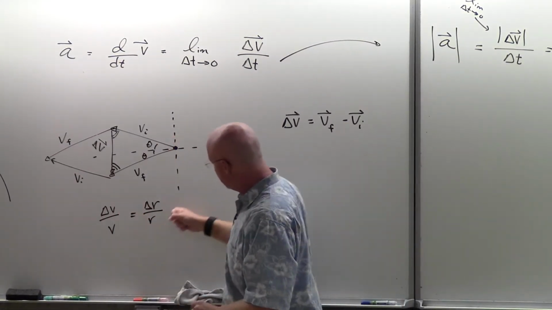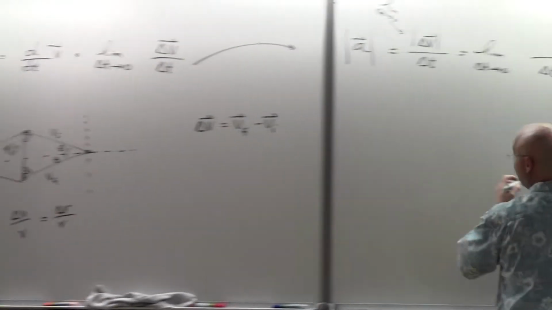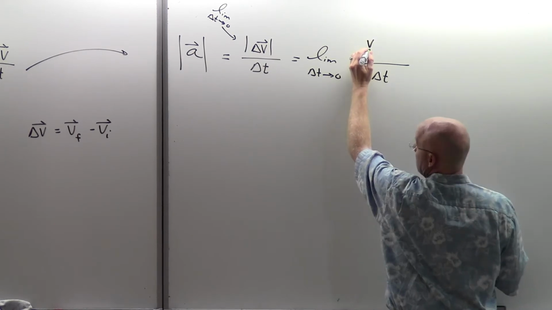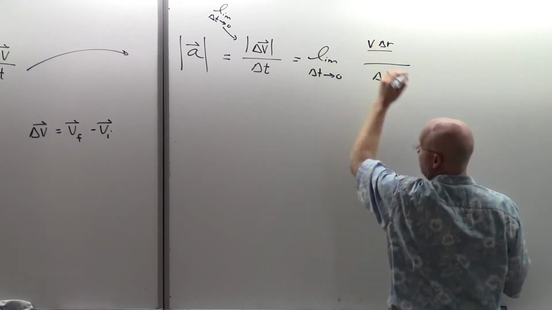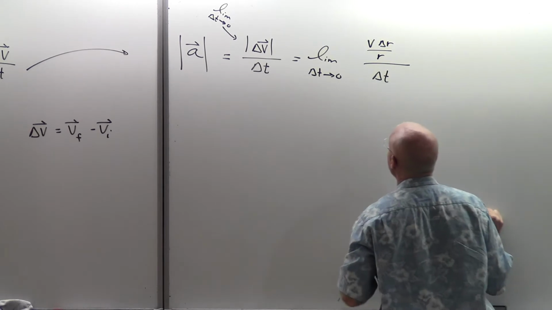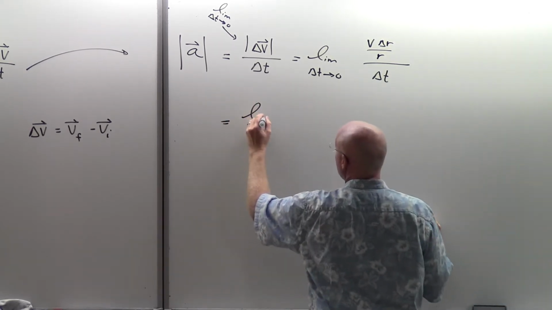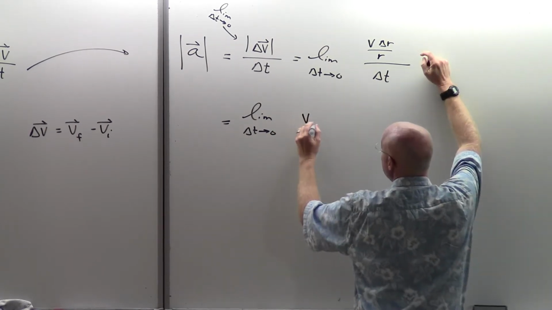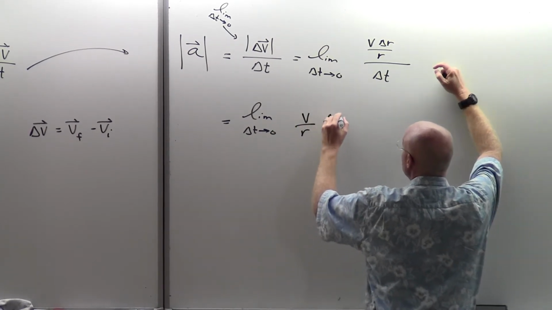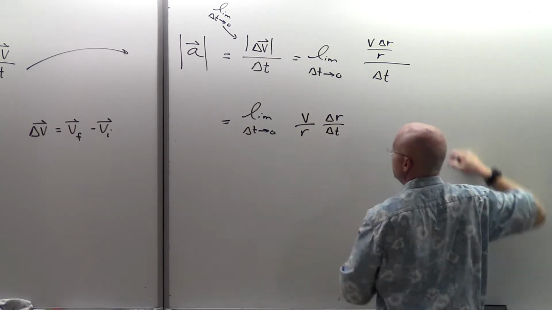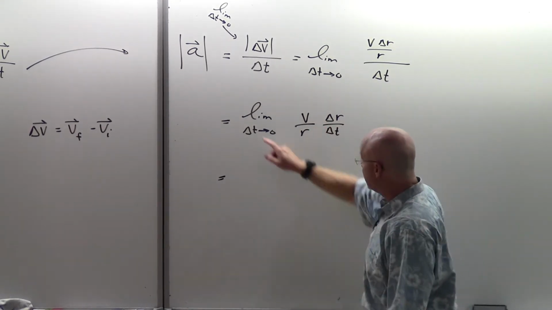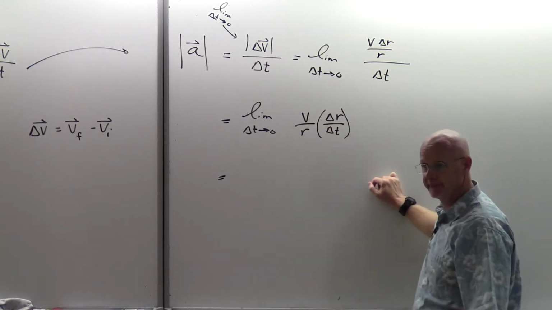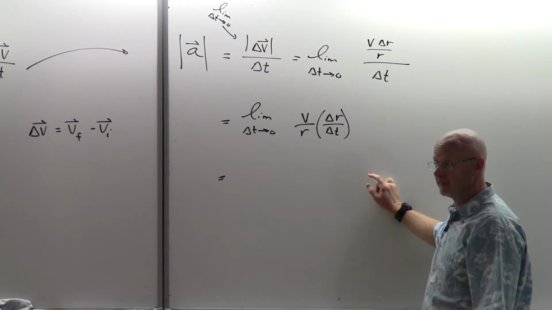If I move V to the other side of the equation, I have, for delta V, V times delta R over R. If I simplify that compound fraction, I get V over R, delta R over delta T. If I take the limit as time goes to 0, what would you call that?